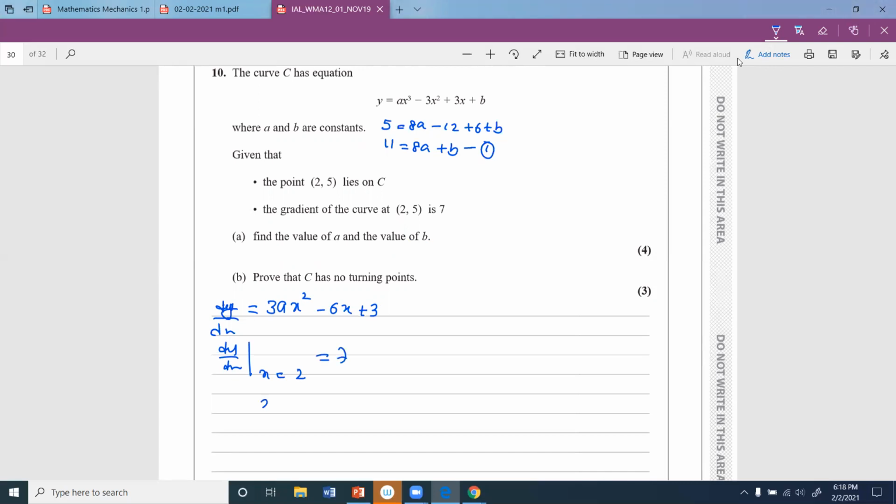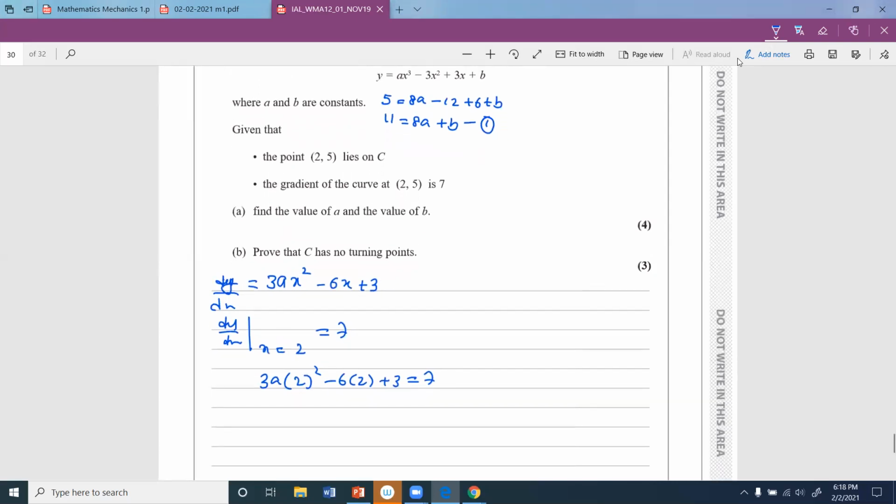So you can write 3a times 2 squared minus 6 times 2 plus 3 equals 7. Then you can write 12a minus 12 plus 3 equals 7. Therefore, 12a equals minus 12 plus 3 is minus 9, plus 9.